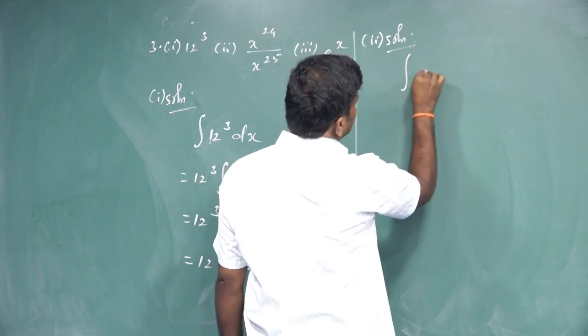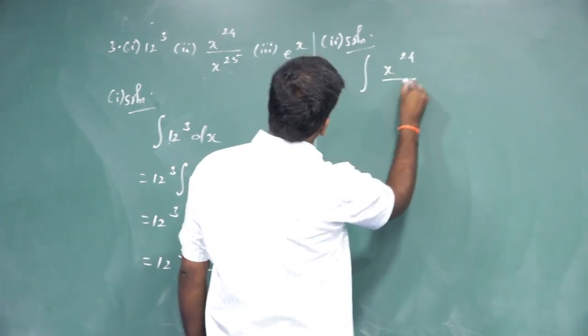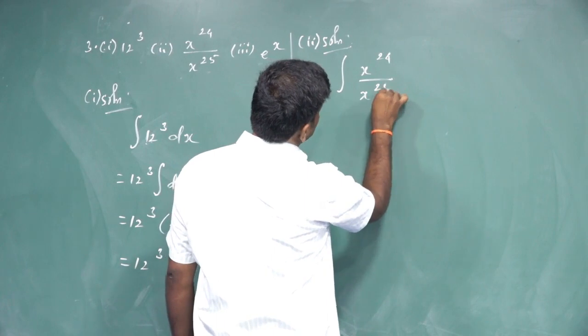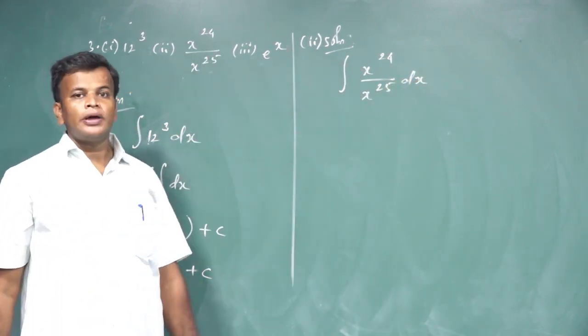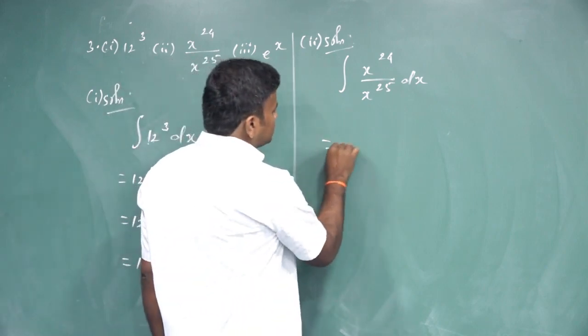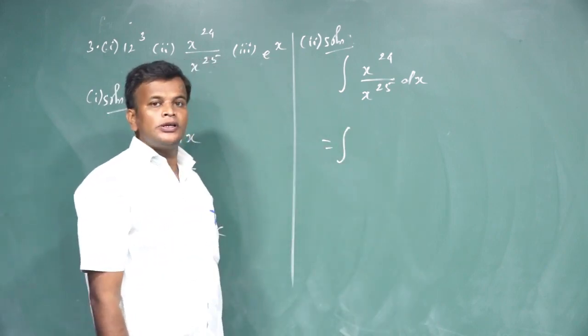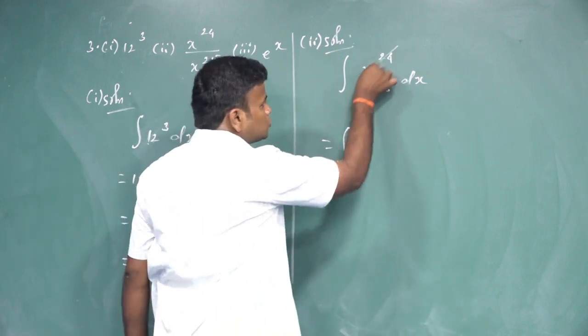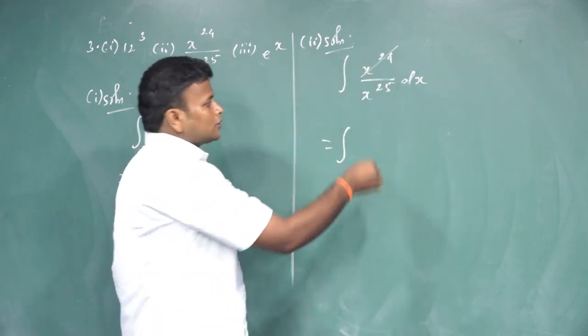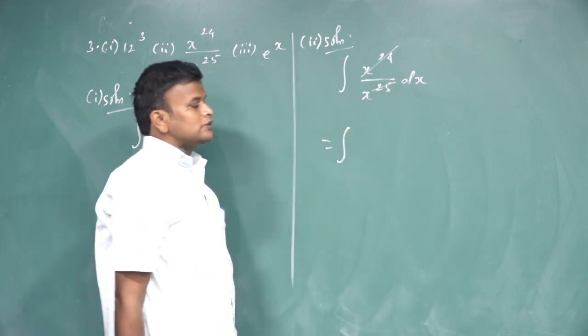Second one, integrating of x power 24 divided by x power 25 into dx. The simplification is possible here. X power 24 by x power 25 is cancelled, and 1 x is remaining.